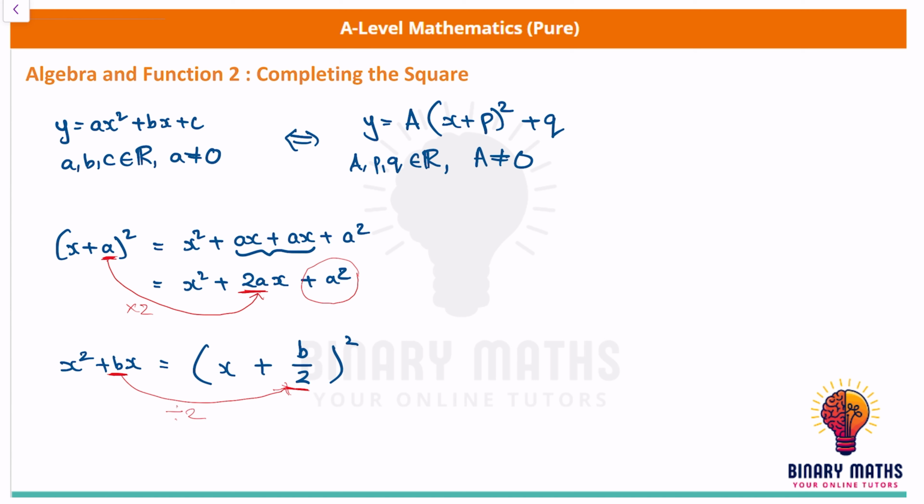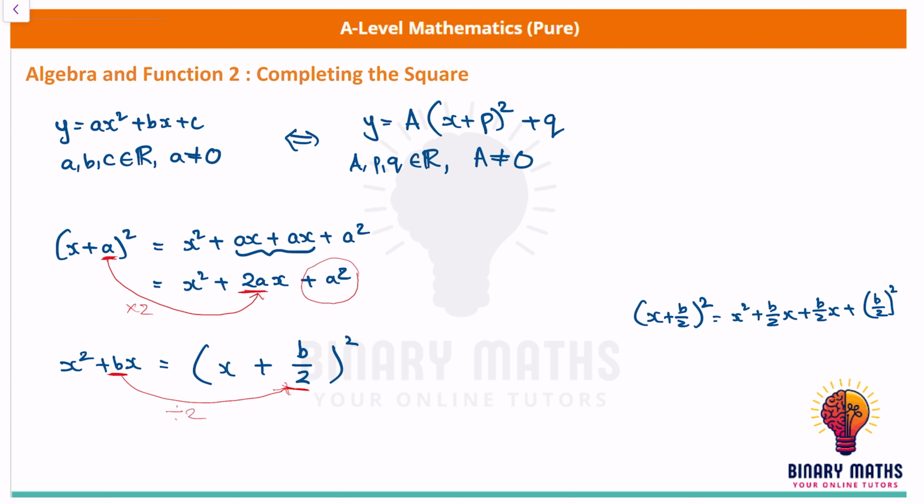Now, is that all there is to it? Let's see what happens if I expand the bracket on the right hand side. If I expand (x + b/2)², I get x² + (b/2)x + (b/2)x + (b/2)(b/2), which is the same thing as (b/2)². I'm going to leave it like that because it makes it easier to understand.